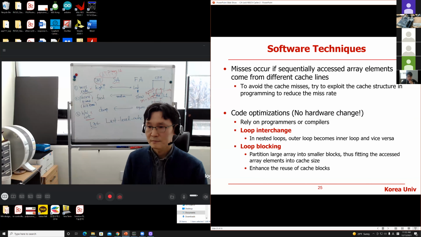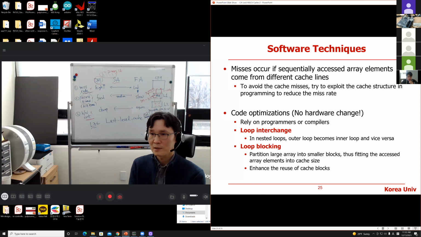So you have to use those hardware resources very efficiently. Otherwise, the performance of your program wouldn't be that good. See the point? Your software should utilize those hardware resources very efficiently. Otherwise, performance is going to be very bad.